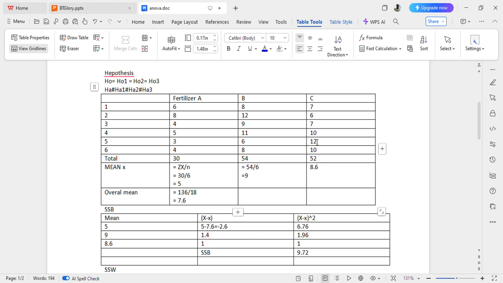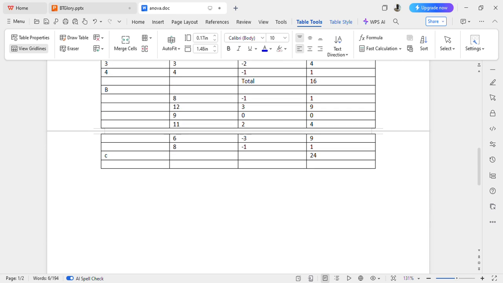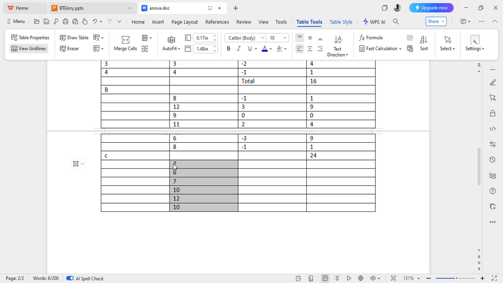C, we get the total again. Copy, come and paste down here. Alright, again, what was the mean? 7.6.